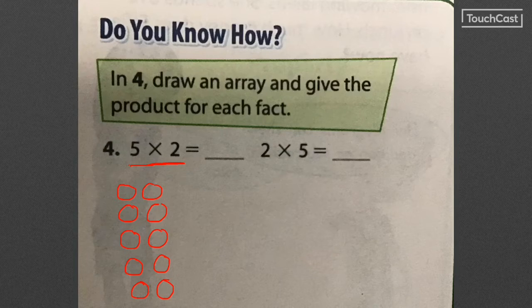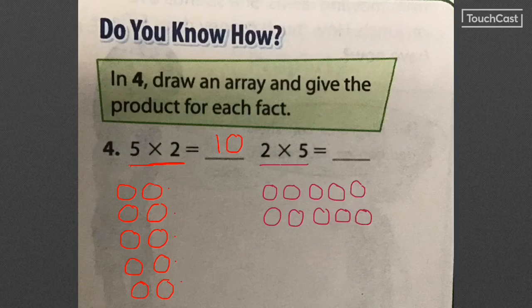And if I count them, 2, 4, 6, 8, 10, the answer is 10. Then I'm going to draw an array for this other fact. I'm going to draw 2 rows of 5. So here's 1 row of 5 and 2 rows of 5. Both of them equal 10.